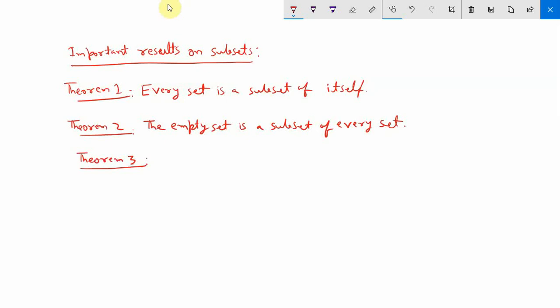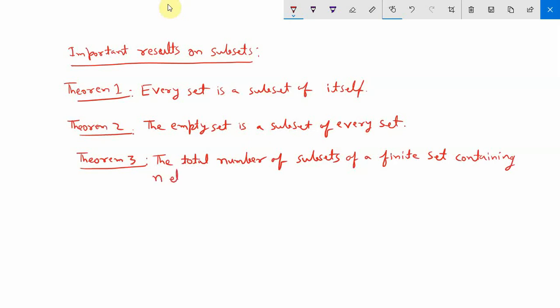Then next theorem: the total number of subsets of a finite set containing n elements is 2 to the power n.